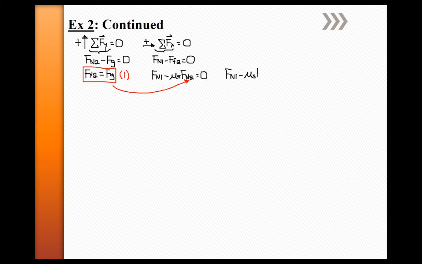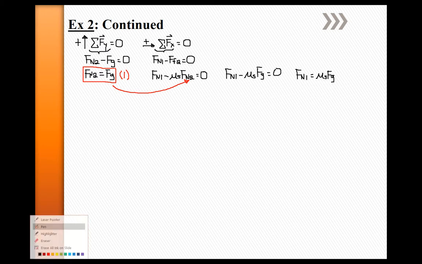It's equal to Fg, is equal to 0. And we'll just solve for Fn1. So Fn1 would just be equal to mu s times Fg. I'm going to box that equation, and I'm going to call that equation number 2.